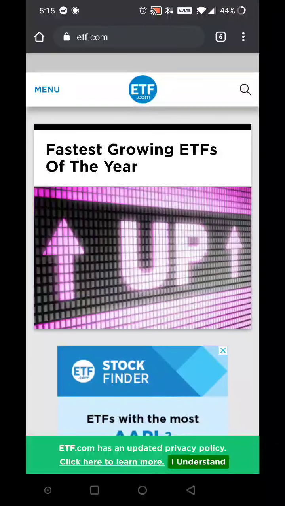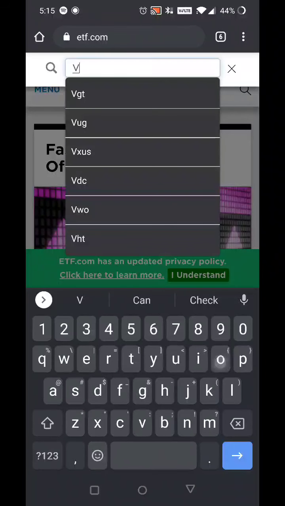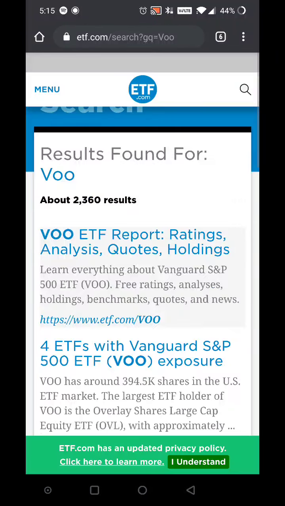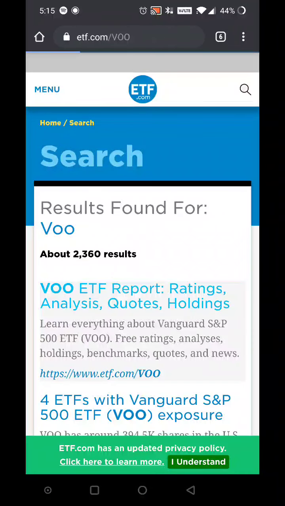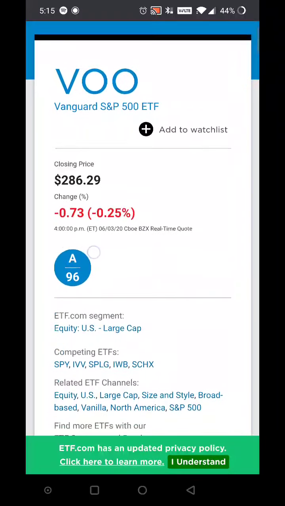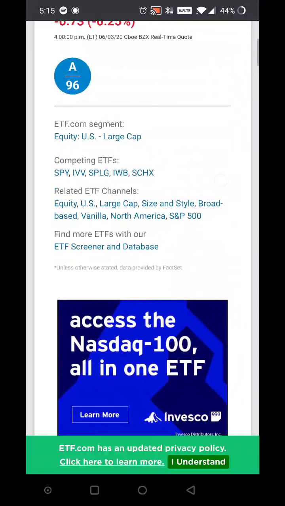First one is ETF.com. It's a great place to find the expense ratio, the quality, the holdings of an ETF. So it gives you a rating here, kind of what segment it is. It's a large cap, its competitors.